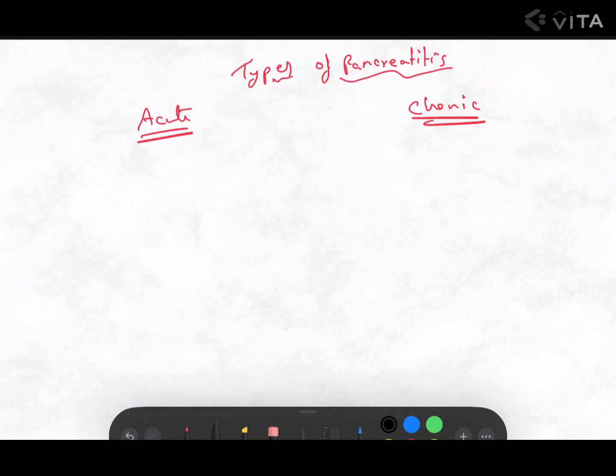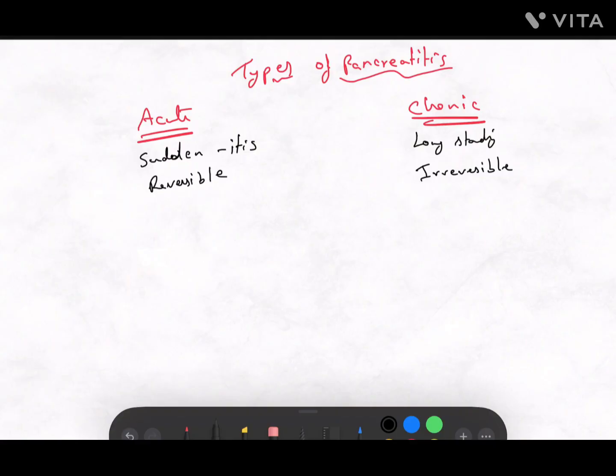Acute means a sudden inflammation of the pancreas with potential recovery. Chronic is long standing inflammation causing irreversible damage. That means chronic pancreatitis is irreversible, and acute pancreatitis is reversible.